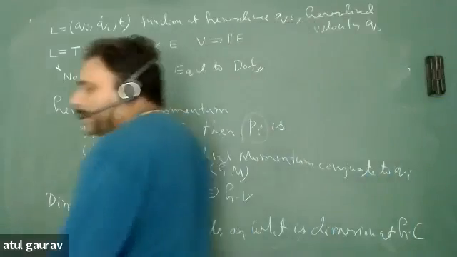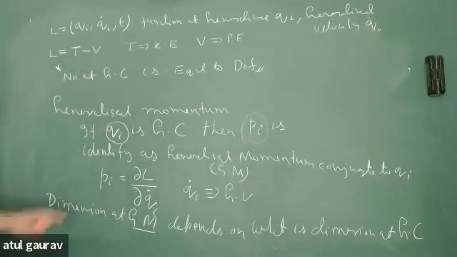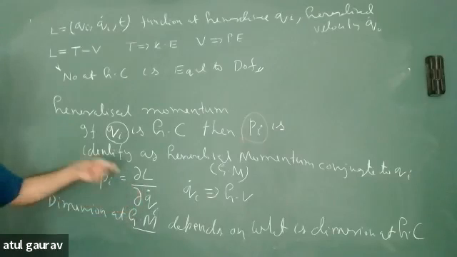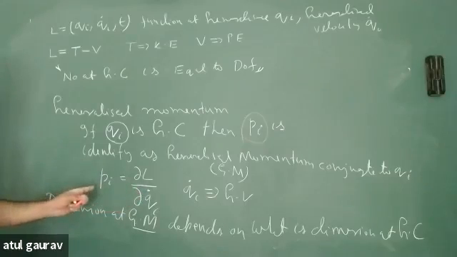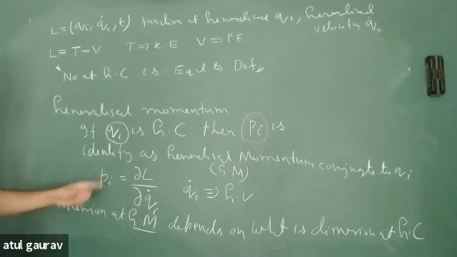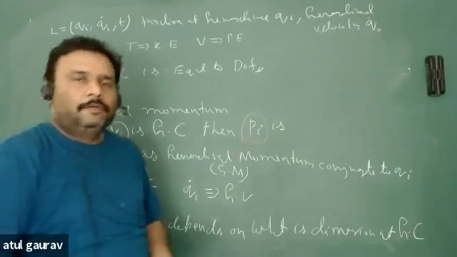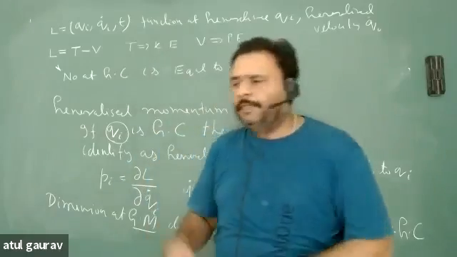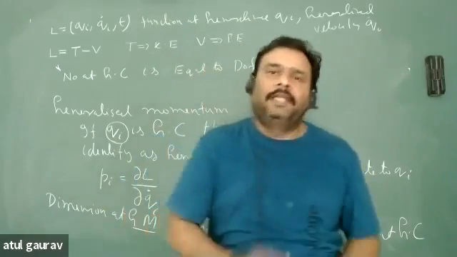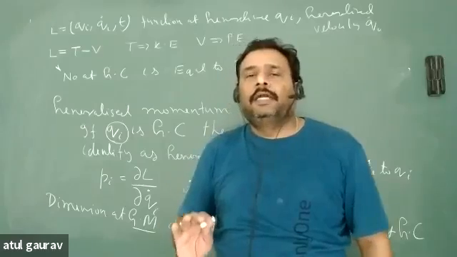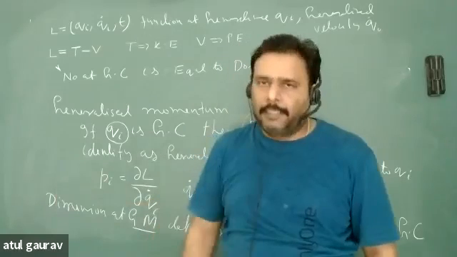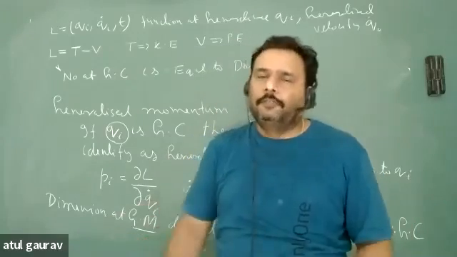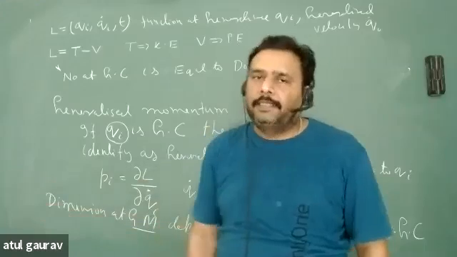Suppose it is linear, then it is linear momentum. If qi is linear, then it is linear momentum. If qi is angular, then it is angular momentum. We will see. So you cannot say that in the same problem all generalized momenta have the same dimension. It may be linear momentum, it may be angular momentum, depending on your generalized coordinate and your generalized velocity. Suppose the generalized coordinate is x, then its conjugate momentum is px, which is linear.